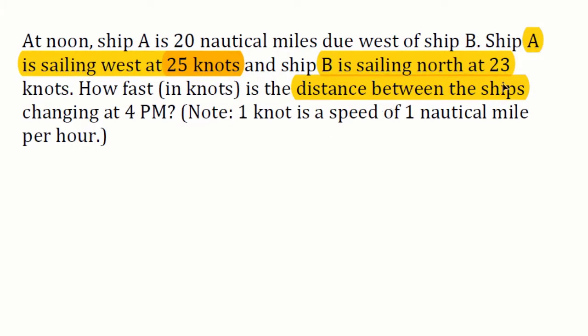See, ship B is sailing north at 23 knots, and a knot is 1 nautical mile per hour. So this is once again the kind of speed we're looking at, the kind of rate of change we're looking at is in respect to time right here, per hour. That's how I can recognize that any of our rates is a rate in respect to time.